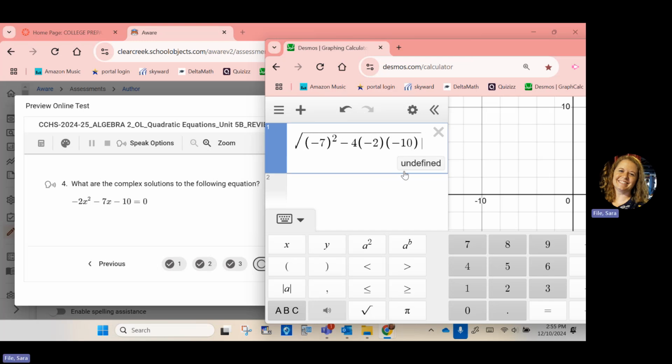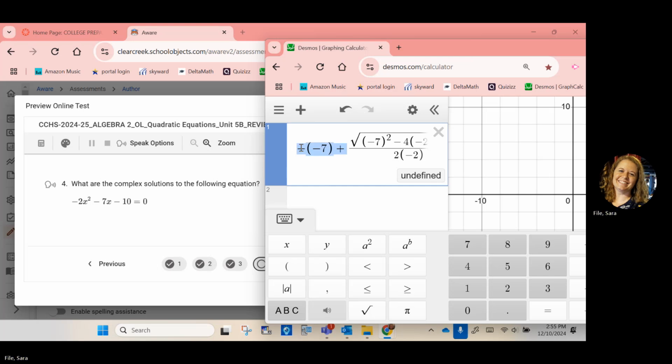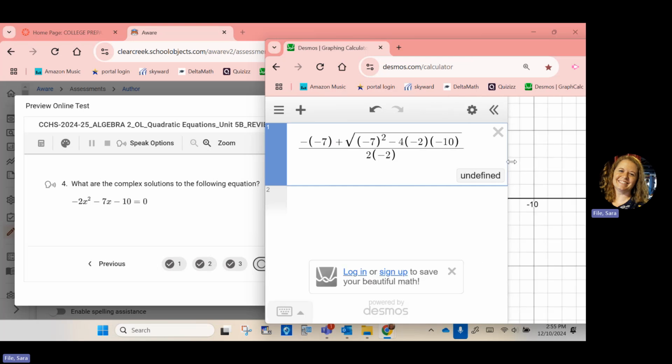And this is all over 2a, and a is -2. That part needs to be in the fraction. There we go. So if you write it down, this is what we're looking like.